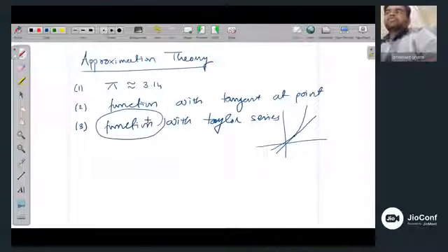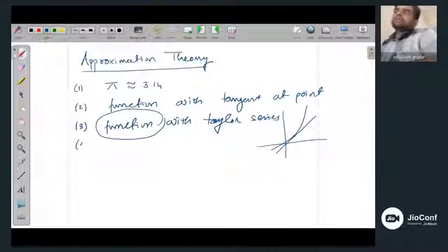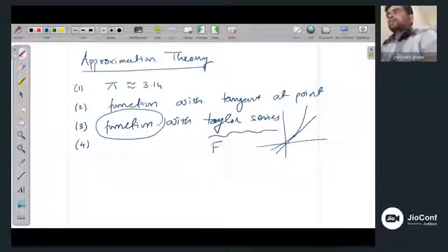It has to satisfy certain conditions. Basically, a complex function can be approximated by the Taylor series. Then, furthermore, instead of the Taylor series, they also approximate with the Fourier series.